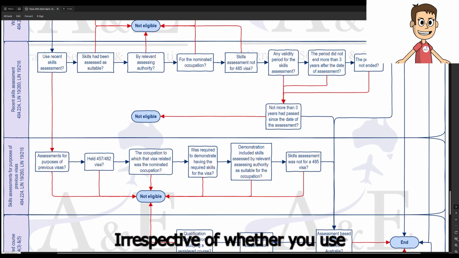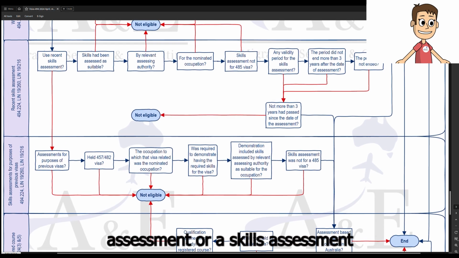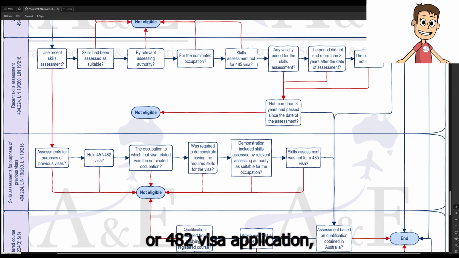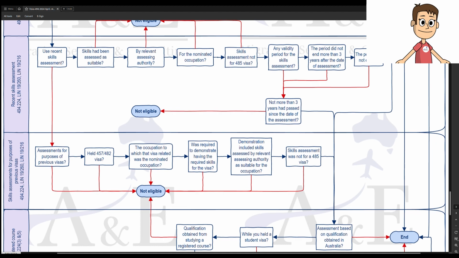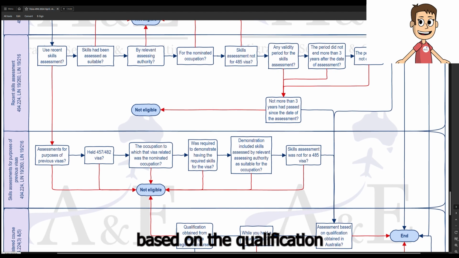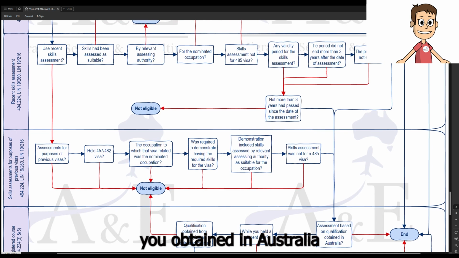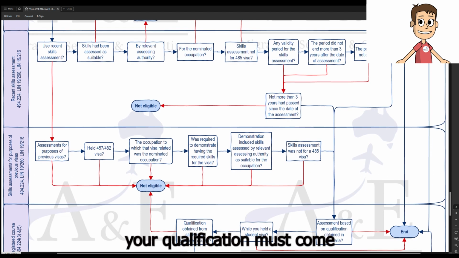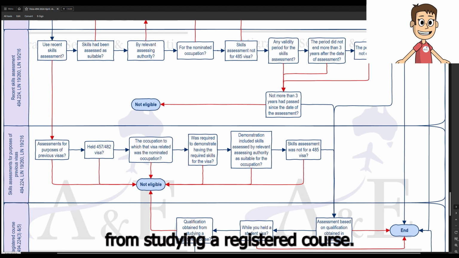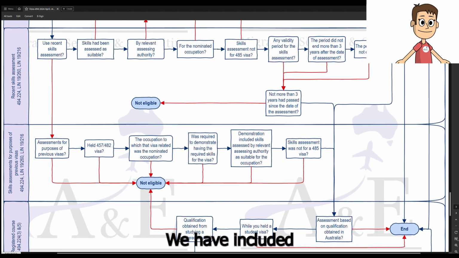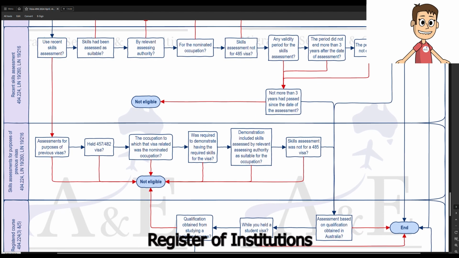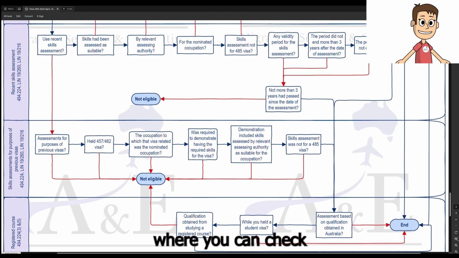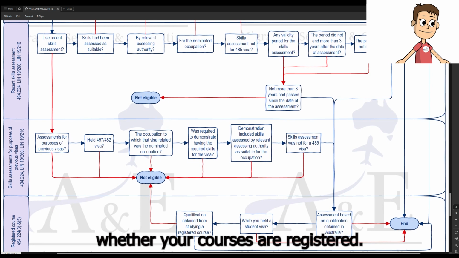Irrespective of whether you use a recent skills assessment or a skills assessment from your previous 457 or 482 visa application, if your skills assessment was based on a qualification you obtained in Australia while holding a student visa, your qualification must come from studying a registered course. We have included a link to the Commonwealth Register of Institutions and Courses for overseas students where you can check whether your courses are registered.